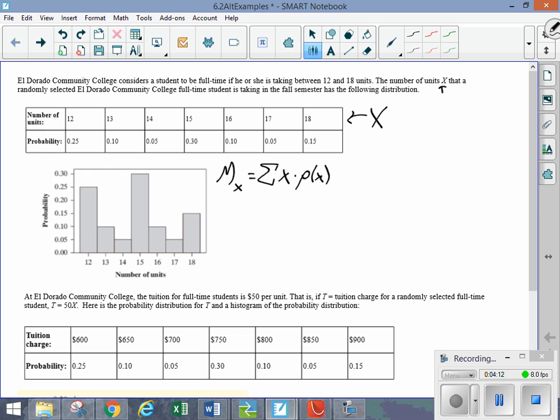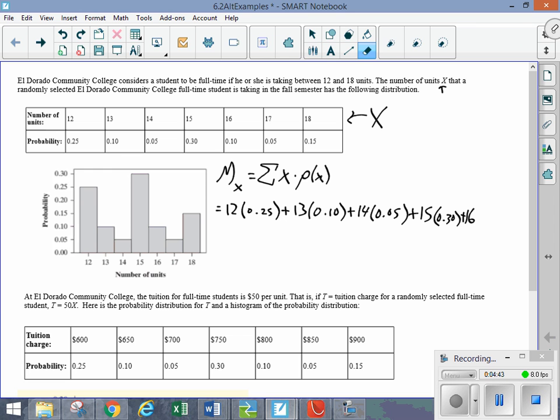So it turns out that that is going to be, and I hope I have room, 12 times 0.25 plus 13 times 0.10 plus 14 times 0.05 plus 15 times 0.03 plus 16.